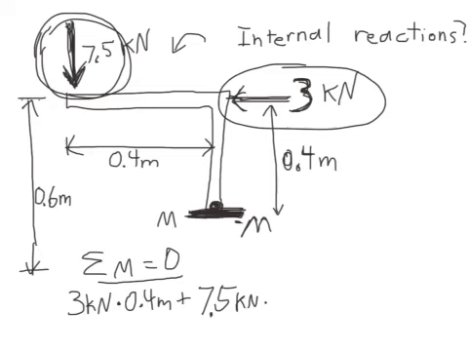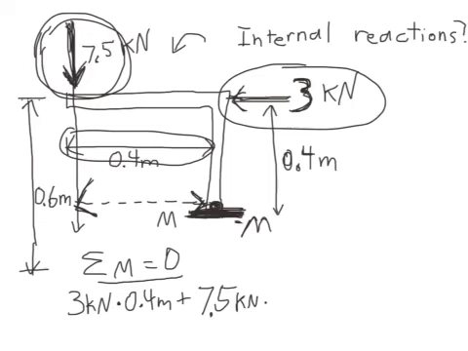What we have to do is find where this force line has a right angle to a line from that axis of rotation, and it's right here. So this distance would be the moment arm, and that's the same as this 0.4 meter distance. So again, our moment arm is 0.4 meters.